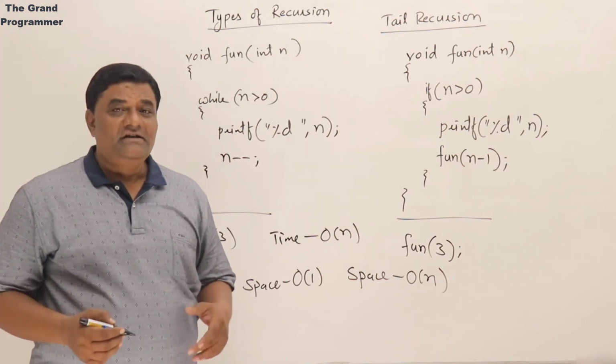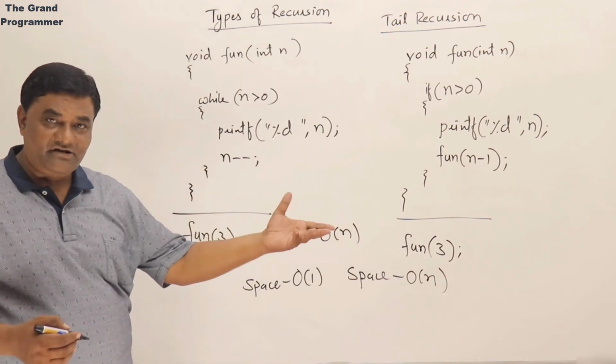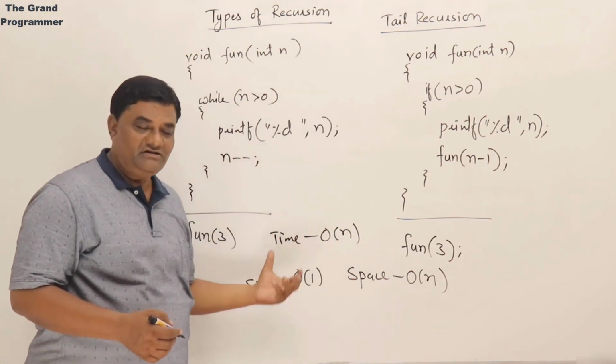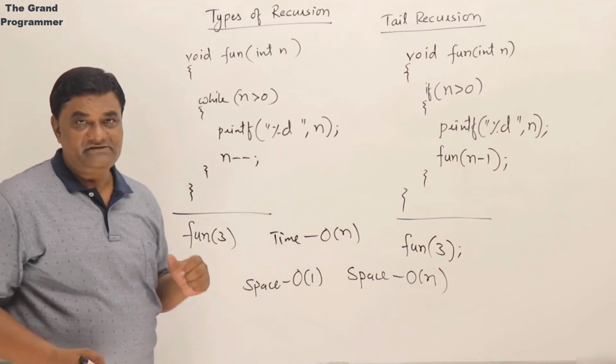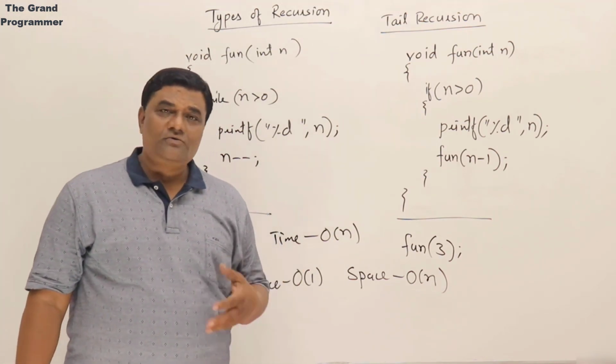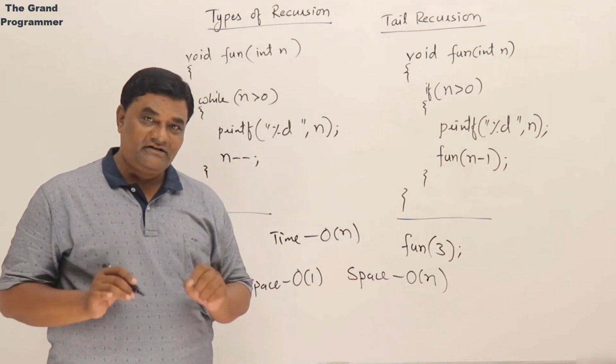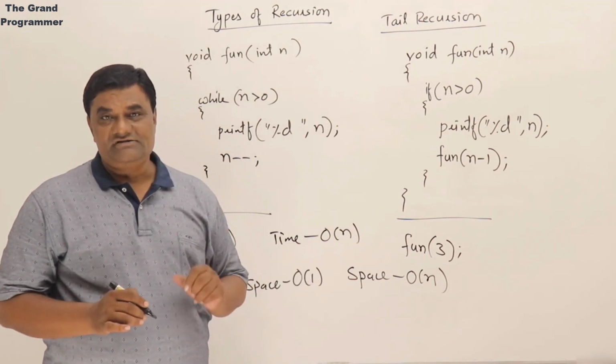So the conclusion is: if you have to write a tail recursion, then better you convert it into a loop, which is more efficient in terms of space. But this will not be true for every type of recursion or loop. In case of tail recursion, loop is efficient.